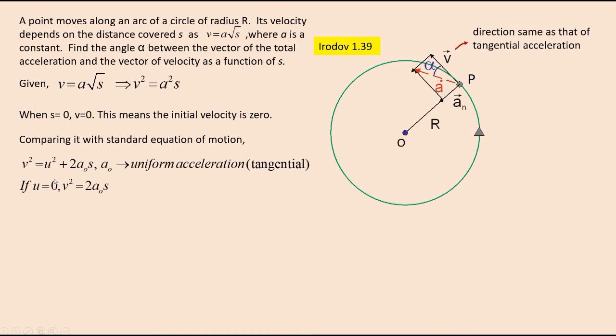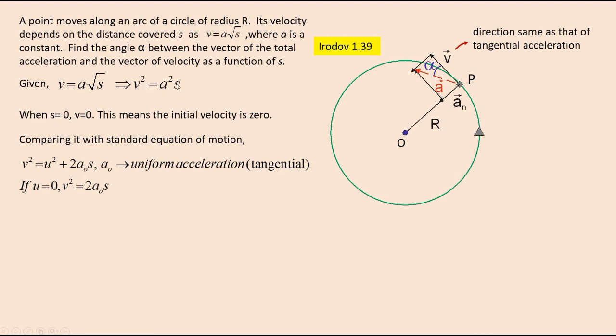If u is 0, because initial velocity is 0, in this case also I make u 0, you will get v squared is equal to 2 a naught s. Here v squared is equal to a squared s. Now you can compare. This is also having uniform acceleration because a is constant. Just compare.